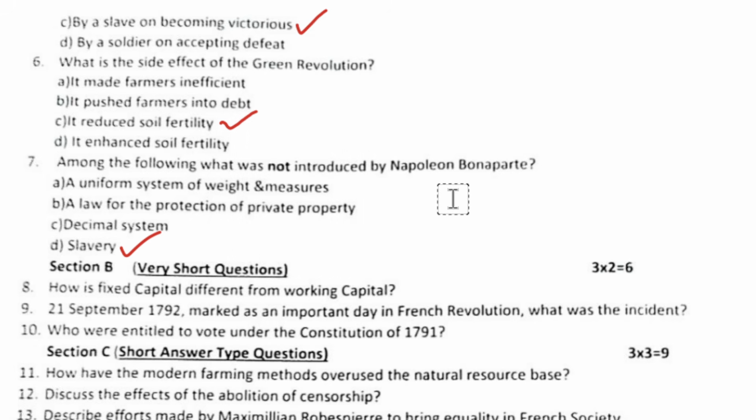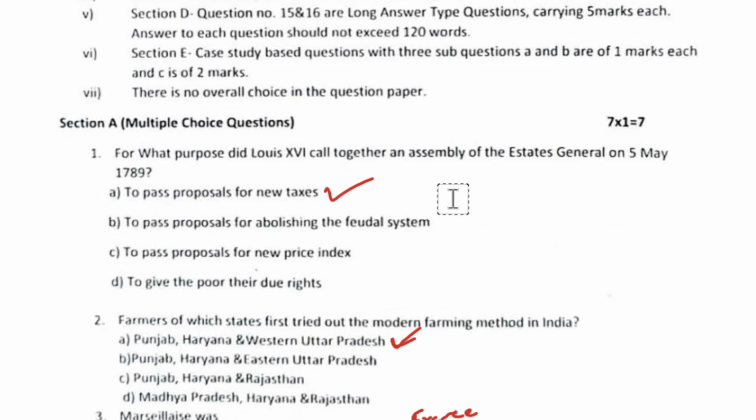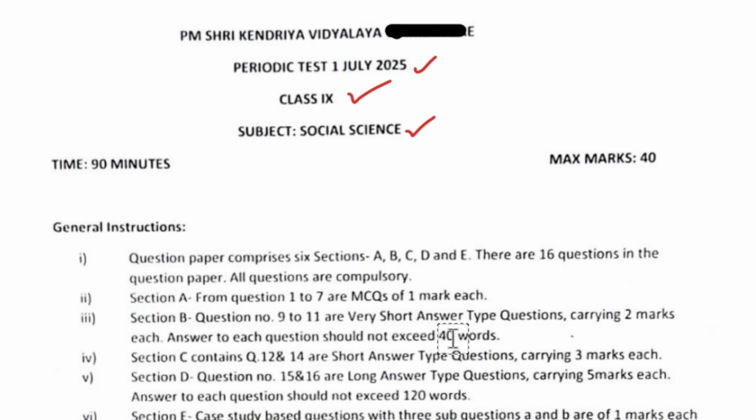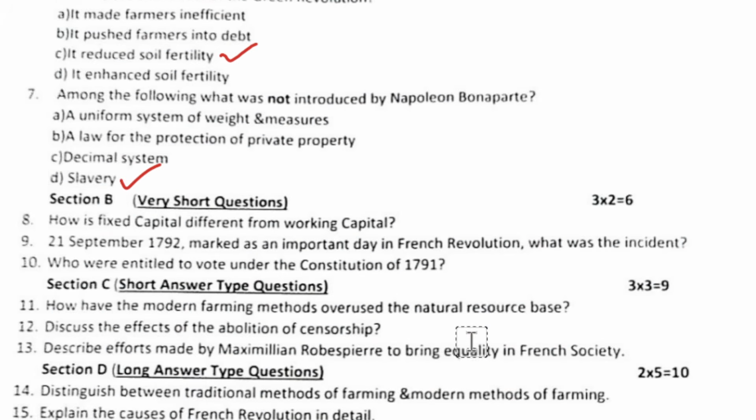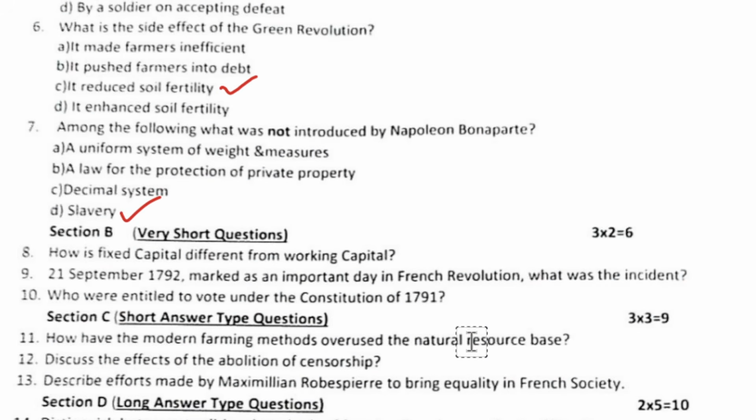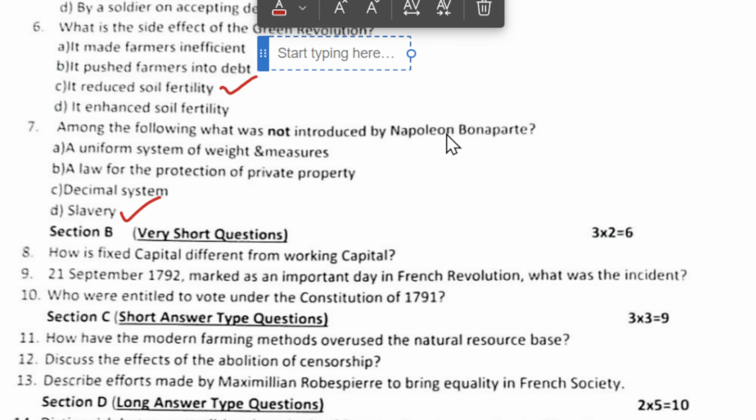They have already given that it should not exceed 40 words. So it should not go more than 1 or 2 lines. 1 or 2 lines is enough for this answer. So this is the answer for question number 8.